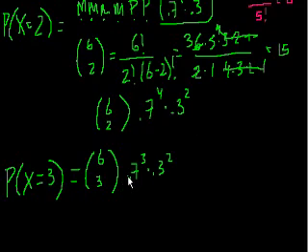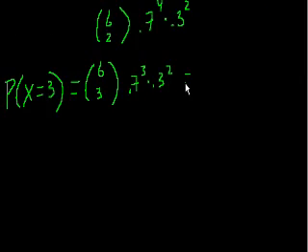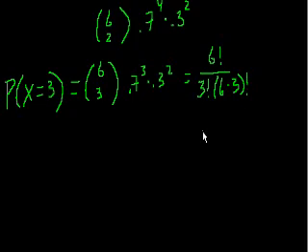That's straightforward enough, and we could calculate what that is. But hopefully you know it. Let's see, let me just do it. So that's 6 factorial over 3 factorial times 6 minus 3 factorial times this part. 0.7 cubed times 0.3 cubed.